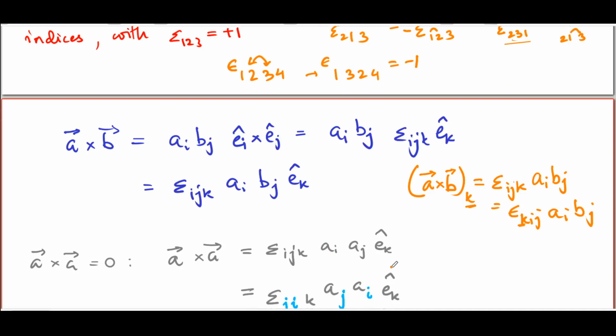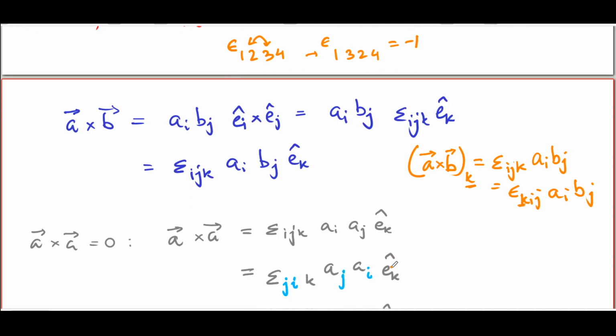Now here, what is important is that i, j and k are all dummy indices of summation. So I can change them to be anything I want. In particular, I can interchange their names. I can call i, j, and instead of what I was calling j, I can call that i. So doing that, in a consistent fashion throughout will give me epsilon jik a_j a_i e_k.